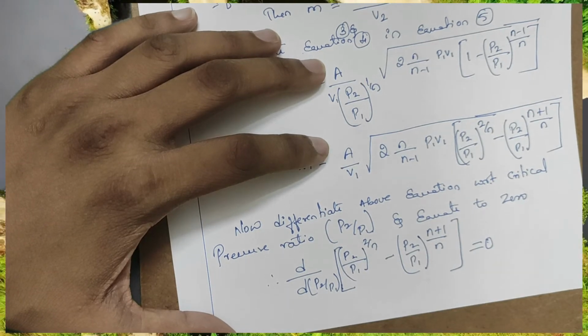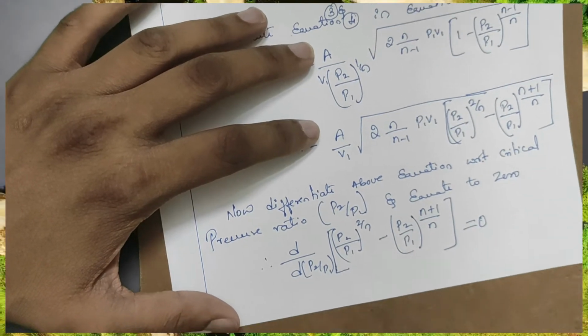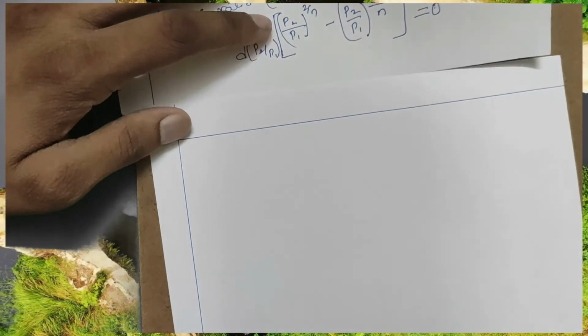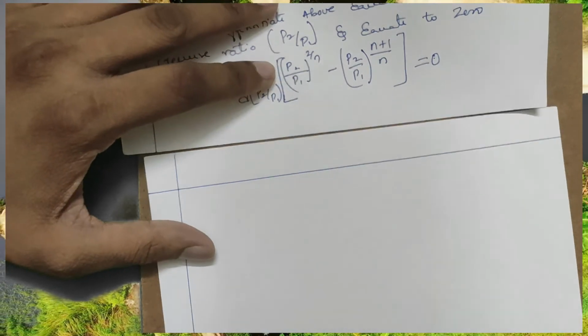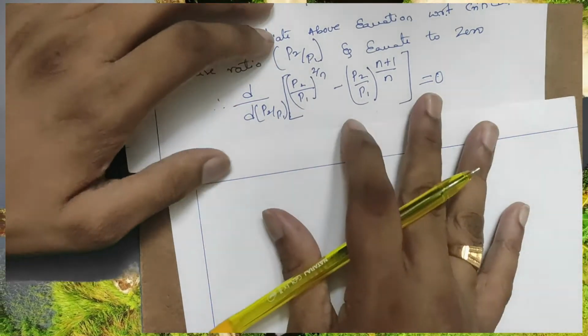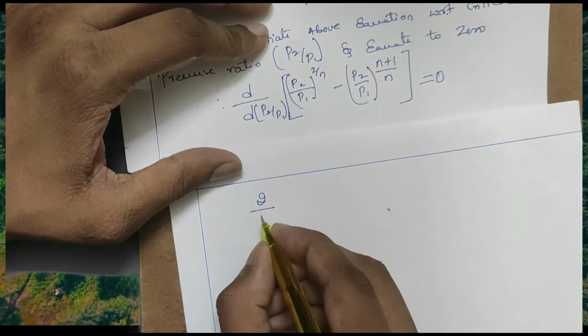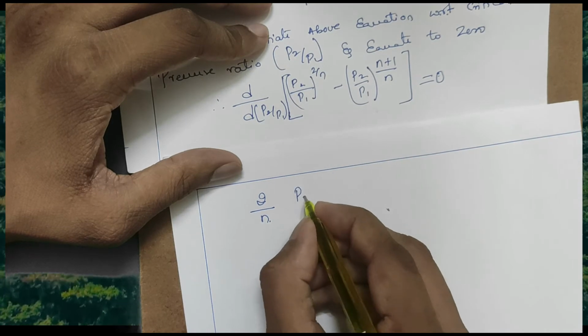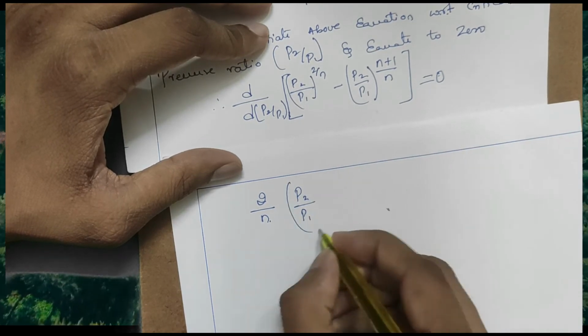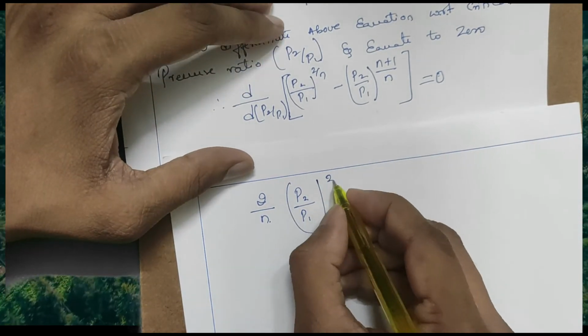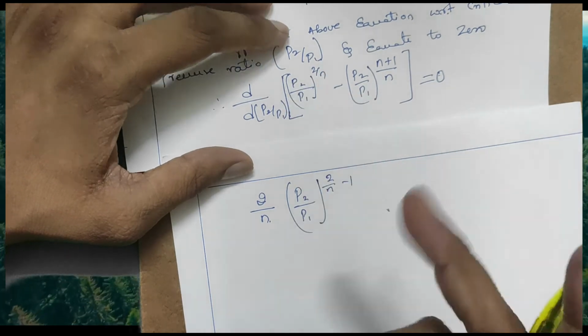Okay, so now you have to differentiate and simplify. How? You can observe. If you simplify it, you'll get 2 divided by n into P2 by P1 power 2 by n minus 1. So this is the differentiation of the first term.